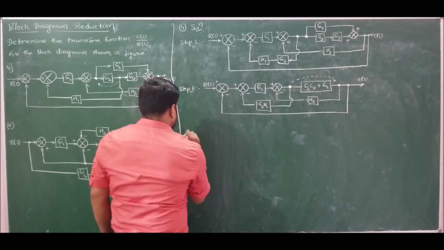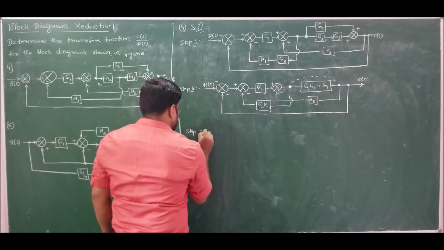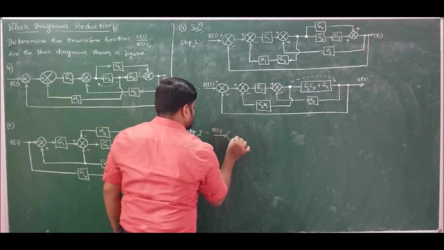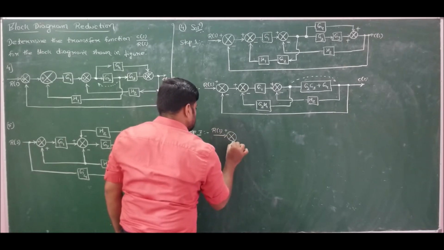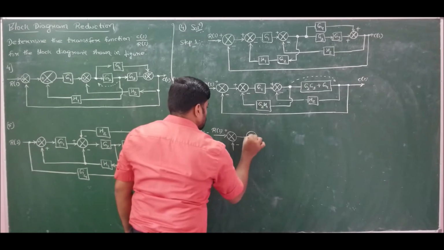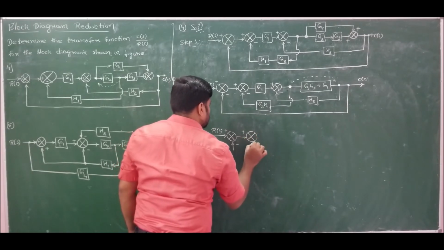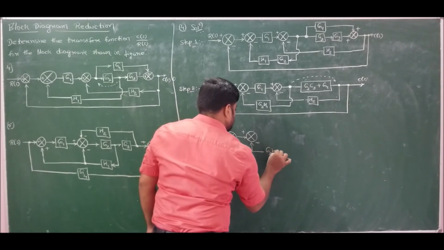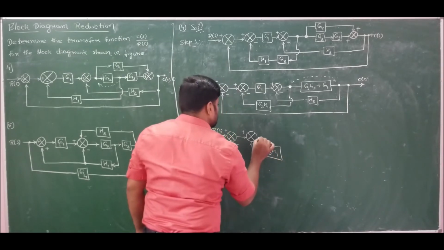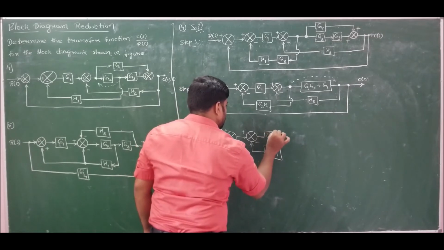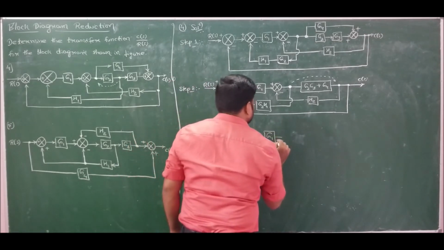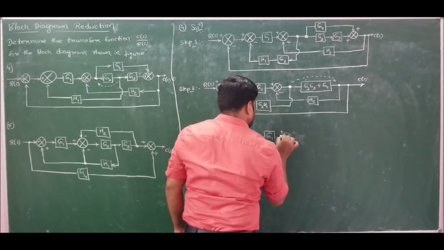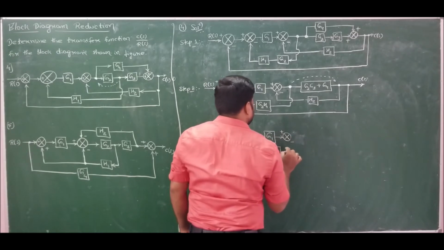So if I do that in step 3, I will get the solution as R of S, we have plus minus, plus minus, we have G2 H1, here we have G1, then we have the summing point, plus minus.